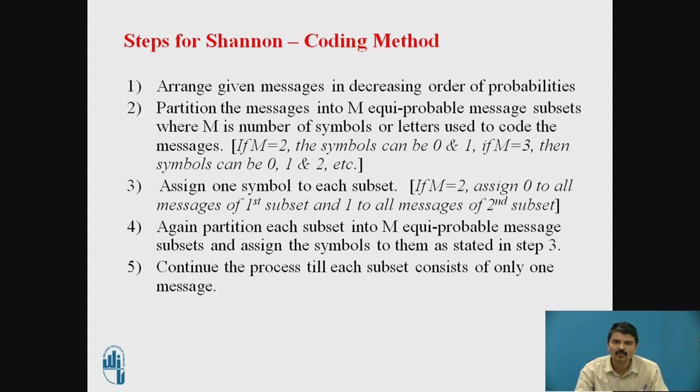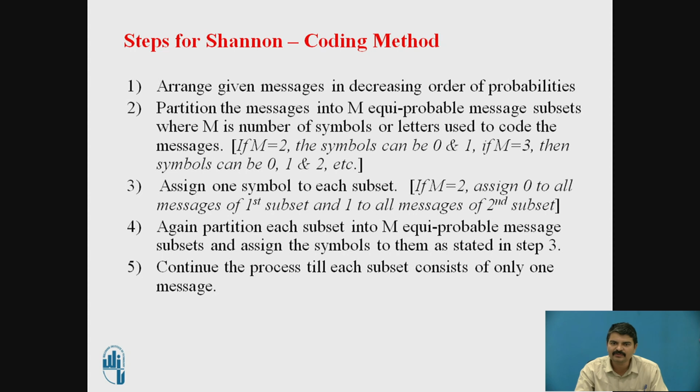Then assign one symbol to each subset. For example, if m is equal to 2, assign 0 to all the messages of the first subset and assign 1 to all the messages of the second subset. Again, partition each subset into m equiprobable message subsets and then assign the symbols to them as indicated in step number 3.